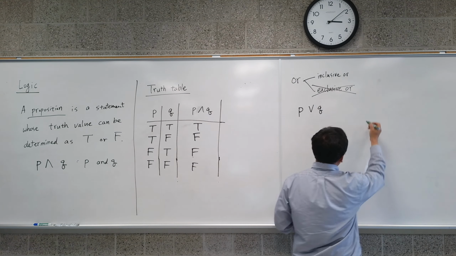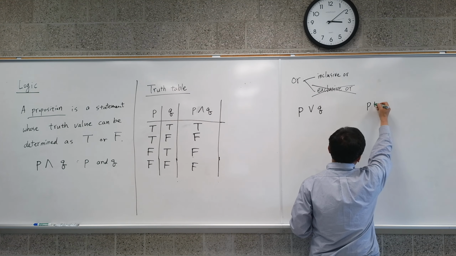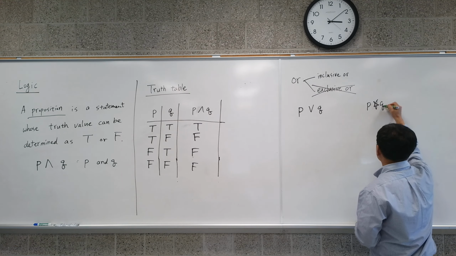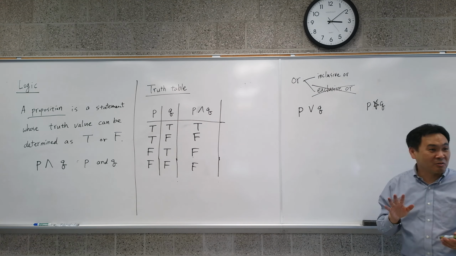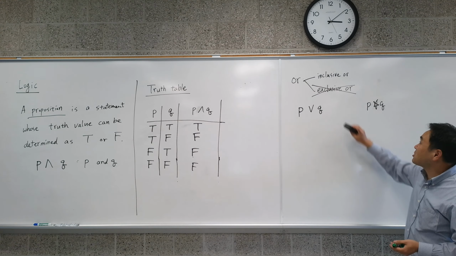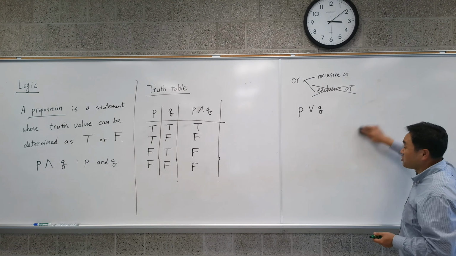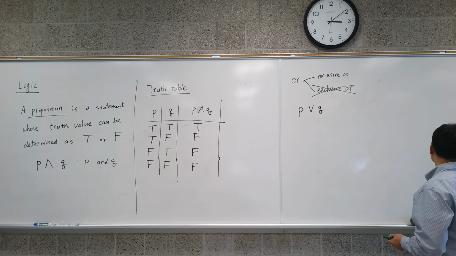I've seen some people do P plus Q, some people do P star Q. There are other flavors because exclusive or is less used. People make up different symbols for it.